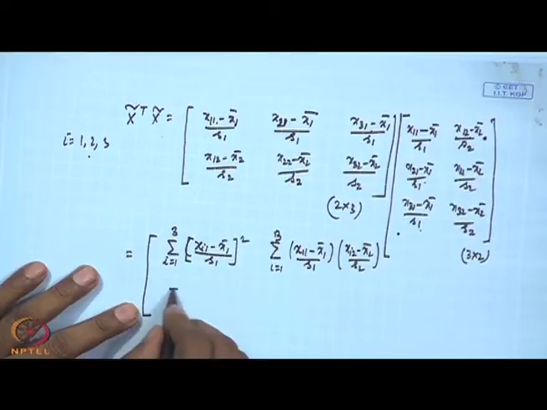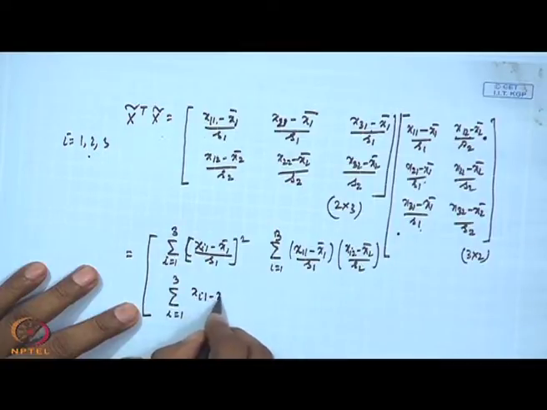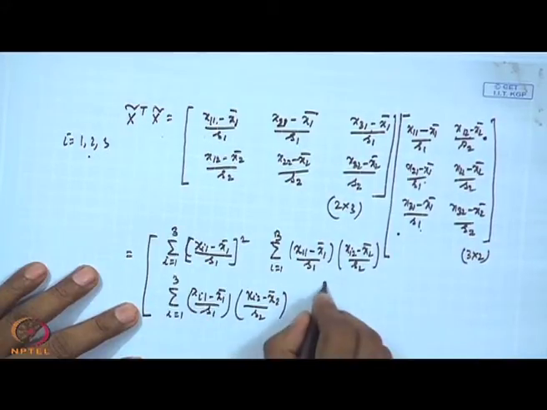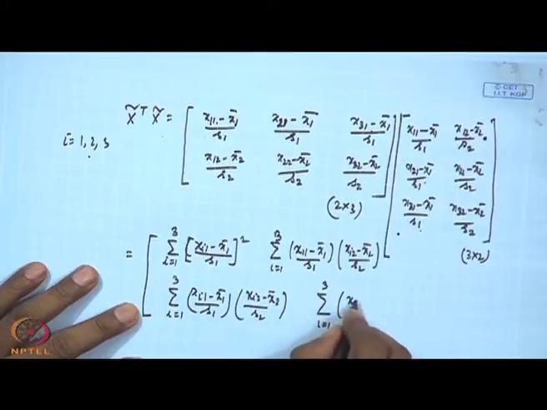The same quantity you will be getting here. Then here you will be getting a square term, the sum for i equal to 1, 2, 3 of (x i2 minus x2 bar) by s2, squared.